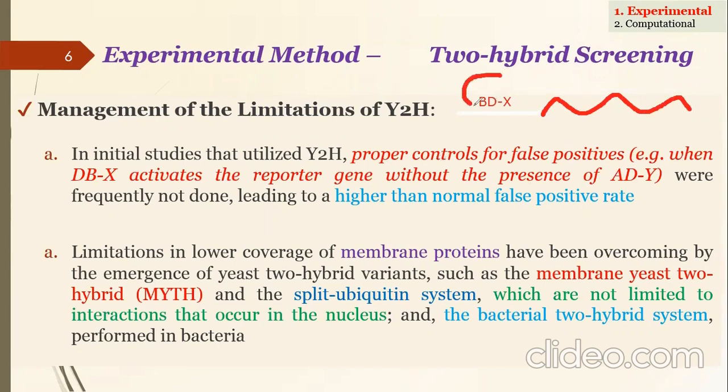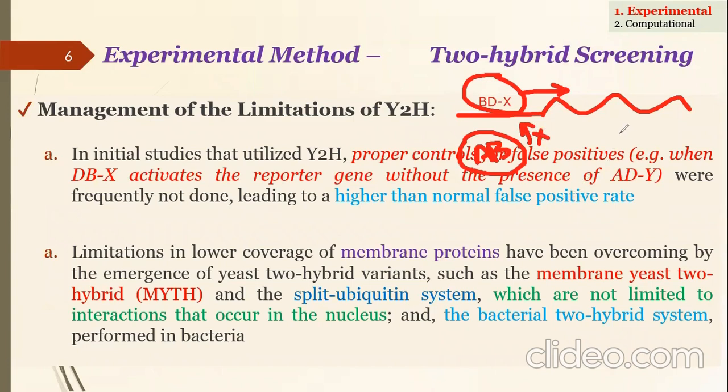So when the binding domain binds with the transcription factor binding site, this will activate the system. In certain cases, without binding of the other protein, without binding of the activating domain, it activates the system.